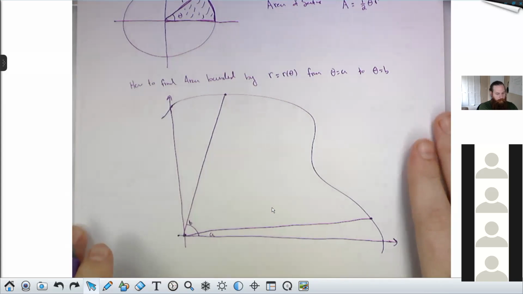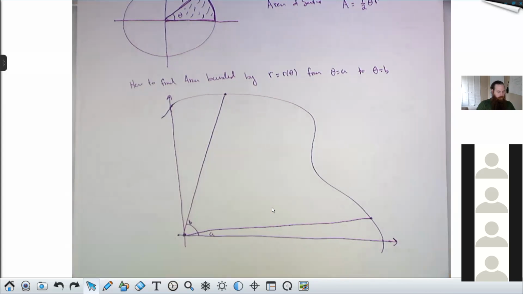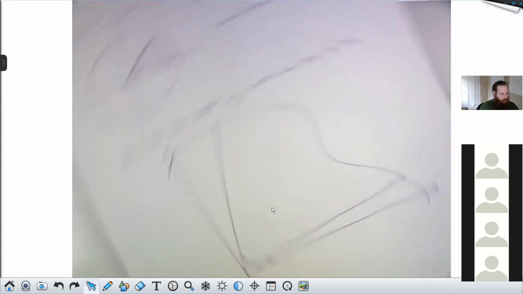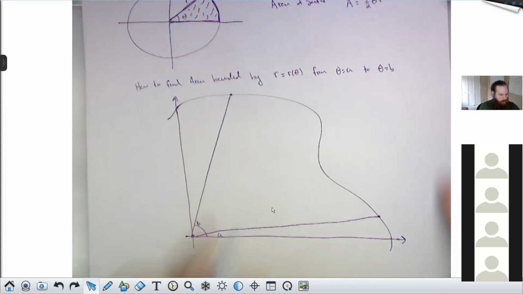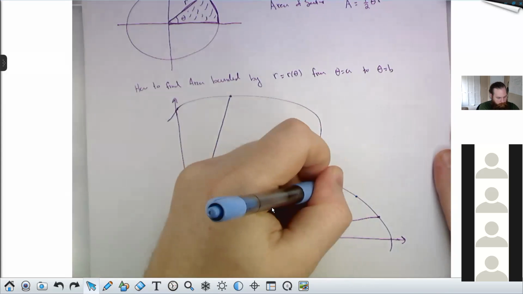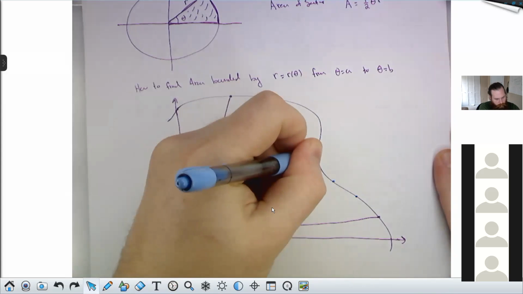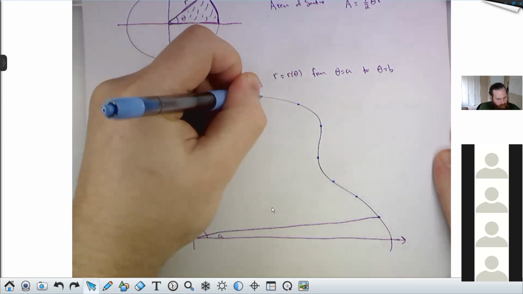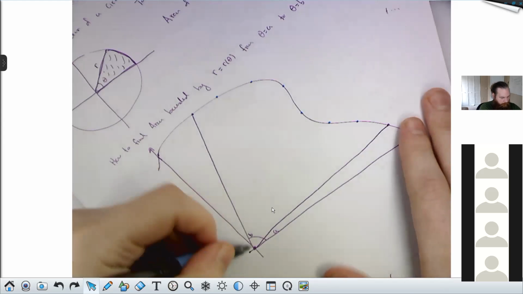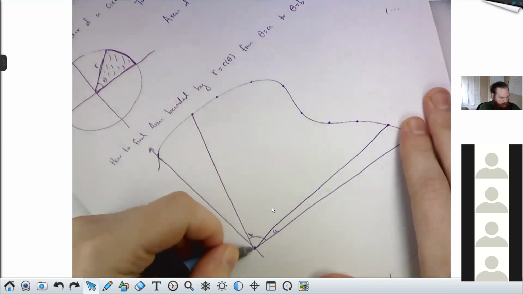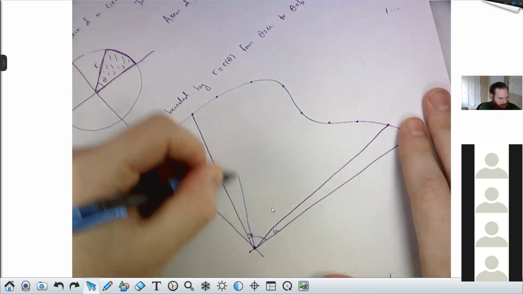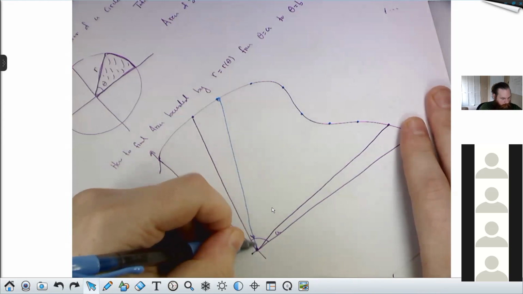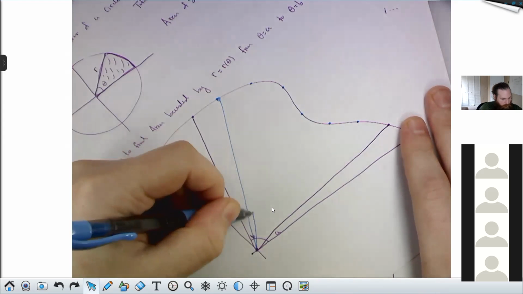The trick is to chop it up into a bunch of little areas. Each one I approximate by a constant function. So I'll chop this up into a bunch of pieces, something like this. This is where my art skills really get put to the test. Big fat points.